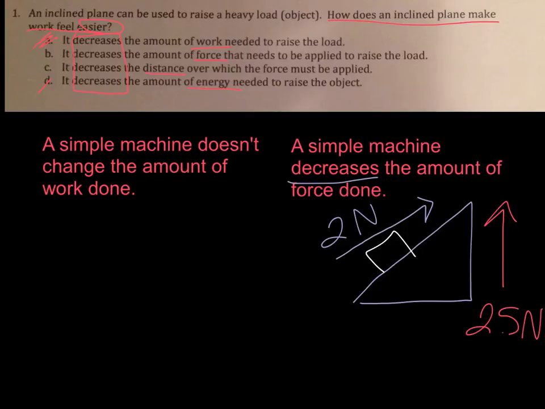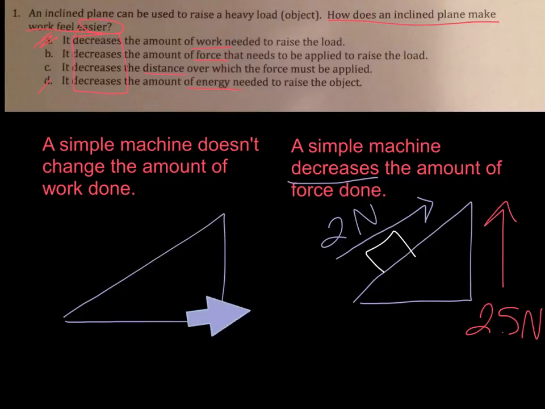Finally, let's go to letter C. Letter C says it decreases the distance over which the force must be applied. This is very simple. If you have your inclined plane, pay attention to these arrows to see which one requires more distance. Sorry, that arrow did not come out right.